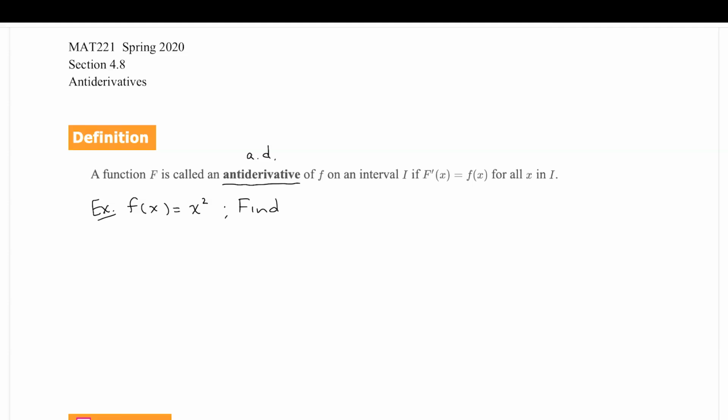And so my question then, in trying to find the antiderivative, cap F, is what function has x squared as its derivative? That's what I'm trying to figure out. So I'm not taking the derivative of x squared. I'm saying, what function can I take the derivative of so that my answer is x squared?